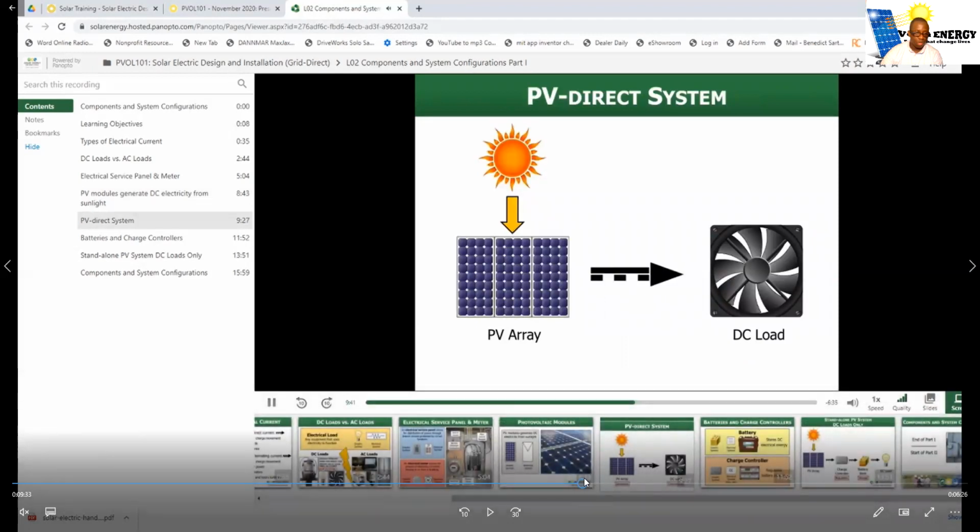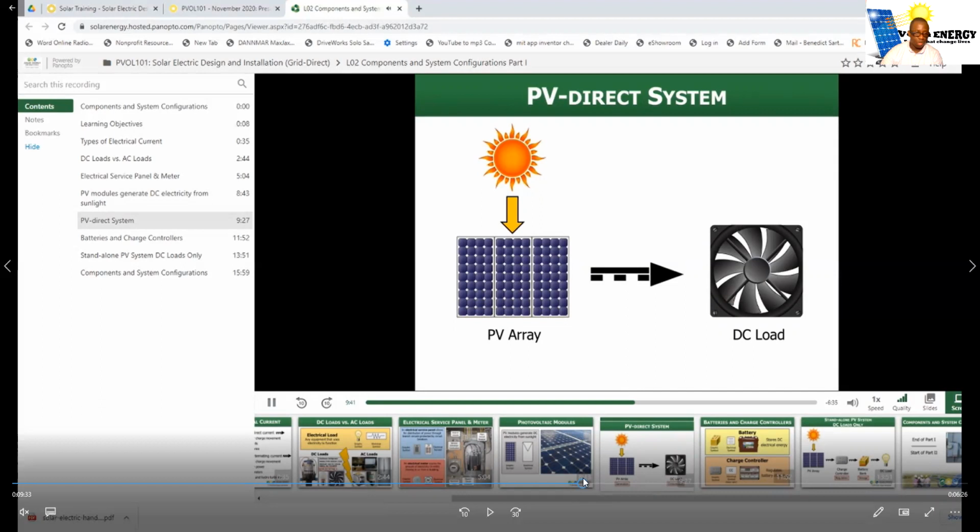Now, PV direct symbol, PV array. The sun sends its rays down to the PV, the photovoltaic, and then that photovoltaic sends a DC current. So there are DC appliances like I spoke about earlier. There could be a fan in the farm or somewhere. That fan could blow directly with a DC current, which means as long as the sun is shining, that fan works.